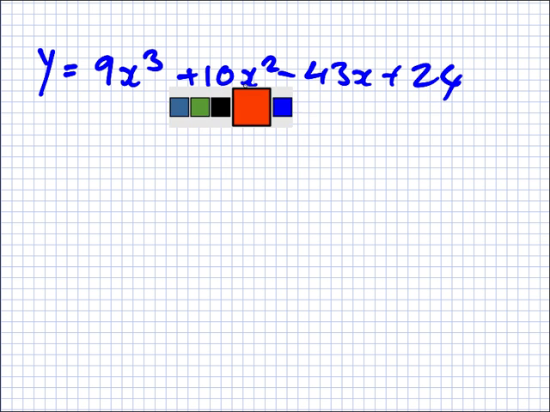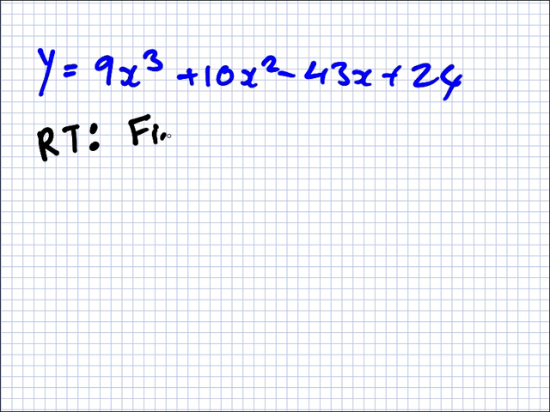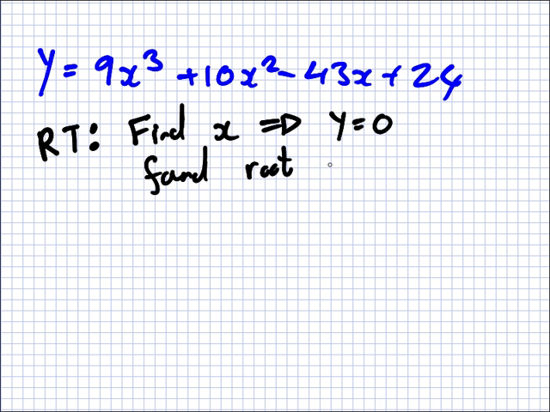Okay, but the remainder theorem gives us some little help here. If we can find an x that makes y equal to 0, then that means we found a root. Because the remainder will be 0, which means then we found a factor. So our first job is trial and error.